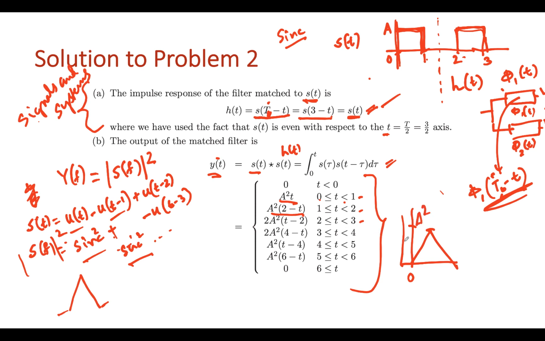Then the next is between 2 to 3 you have a bigger triangle whose amplitude is twice a square, so that triangle is between 2 to 3 and 3 to 4, so you have a bigger triangle that is centered at t equal to 3, and then you have another small triangle given by this portion which is centered around t equal to 5.